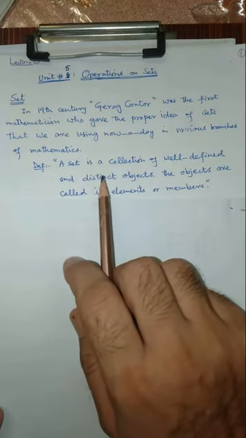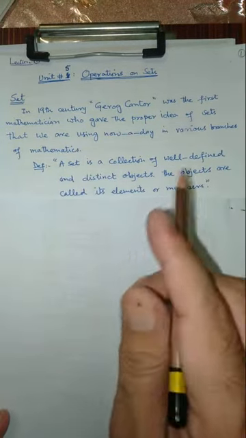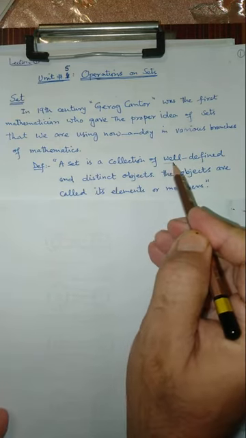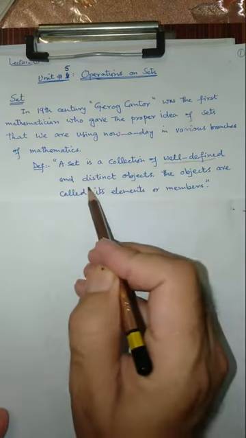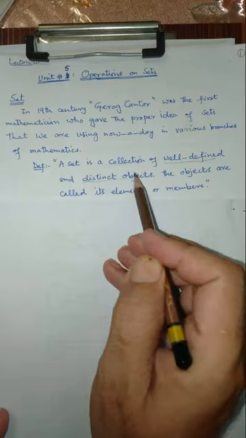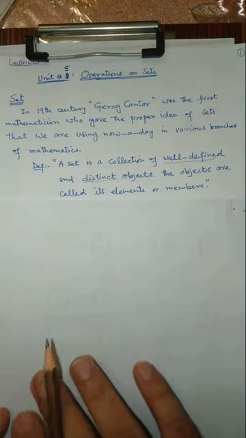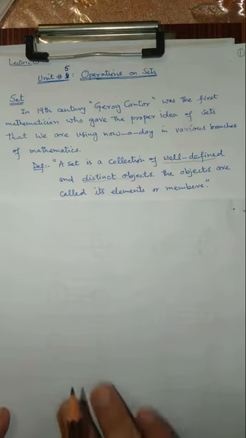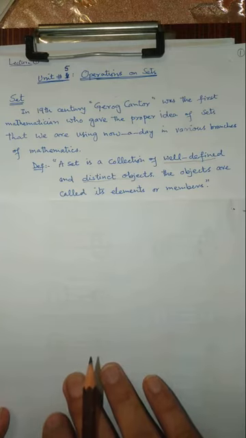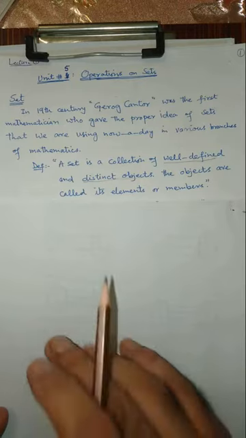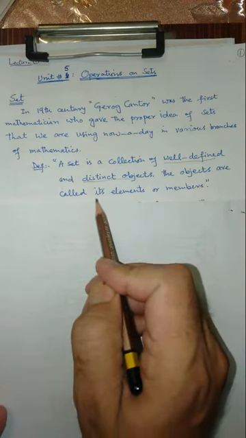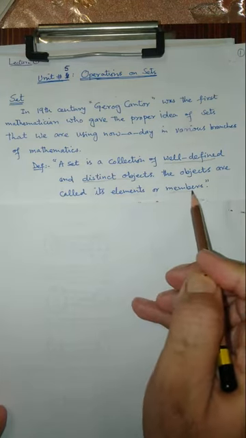A set is a collection of well-defined and distinct objects. A collection of well-defined and distinct objects is called a set. The objects are called its elements or its members.